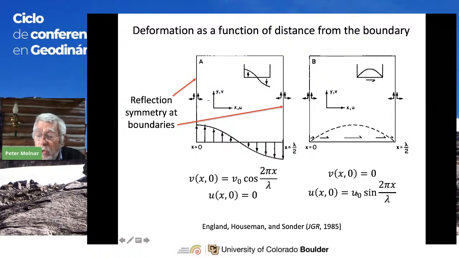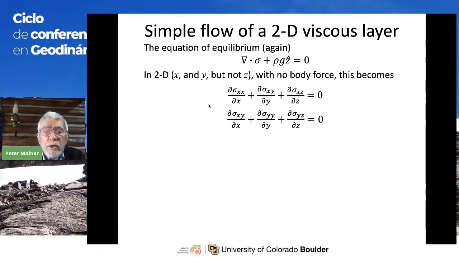So you have a u0 sine, again, with lambda being a wavelength. This is looking at only half a wavelength. So there's a mirror image that would come off to the left and a mirror image that would come off to the right, and this would go on for infinity. So I'm going to derive this for the very simplest case and then jump to a more realistic situation.